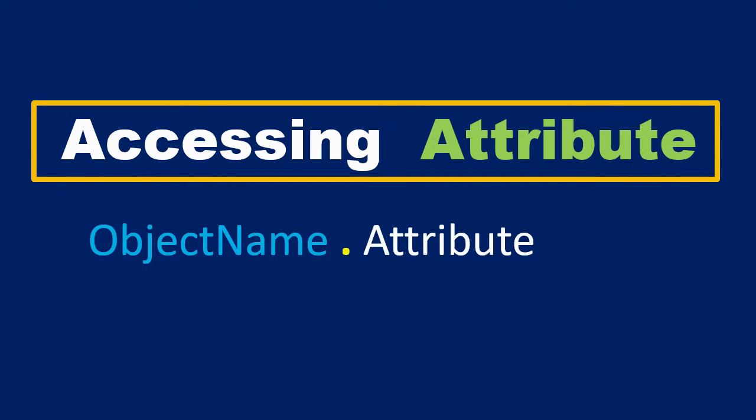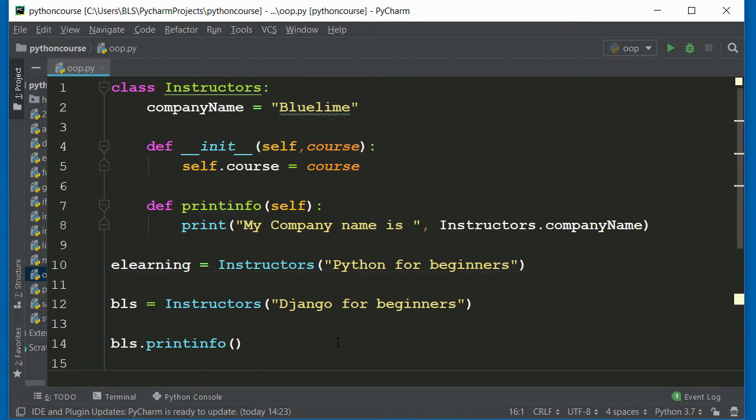If you wanted to access an attribute that belonged to a class from an instance of the class, you can do so by using the object name followed by a dot notation and then the name of the attribute. So let's say I want to access the attribute called course from my class called instructors. If I want to access that using the instance of the class, I can do that.